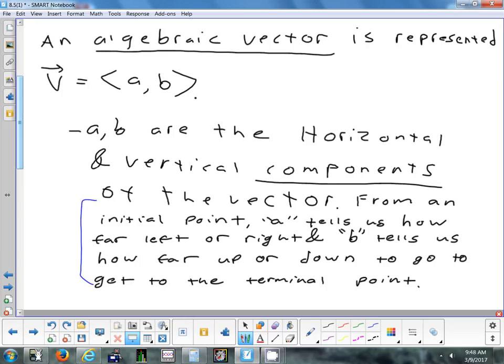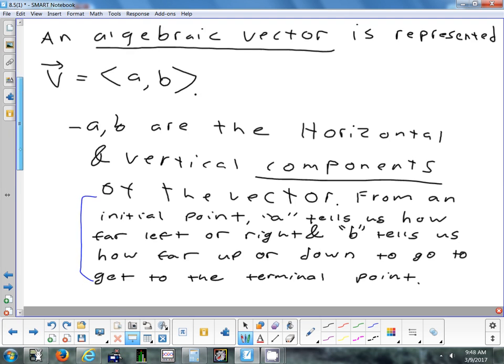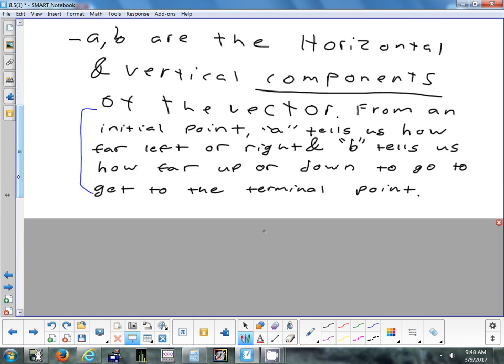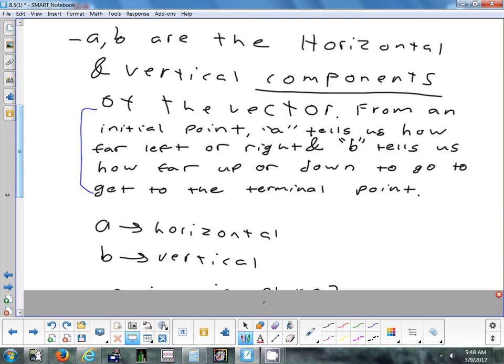Okay, so A tells you left and right. Start from somewhere, go left and right a certain amount. And then B tells you how far up and down to go. That's the vertical component. A is horizontal, B is vertical.